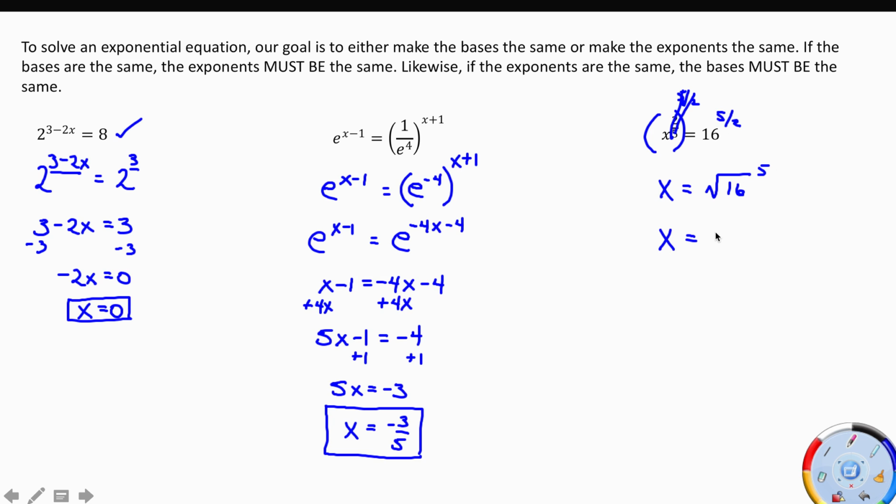So the square root of 16 is 4 to the 5th, and then whatever that is, multiply it out. What do we have? 16 times 16, 256, times 4, 1,024.